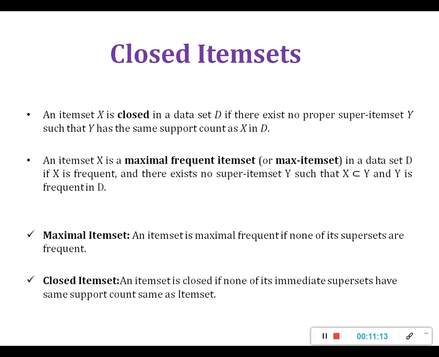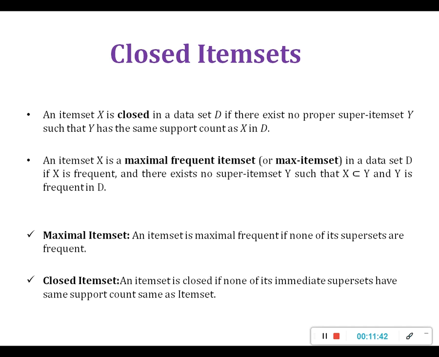So AB should be frequent, and its supersets ABC, ABD and ABE should not be frequent. Then and only then you can say that my itemset is maximal. So this is it in simple terms.